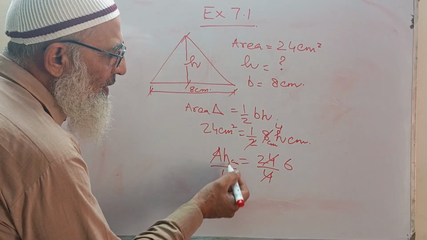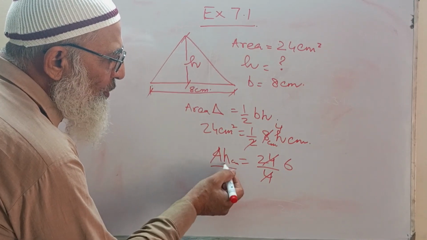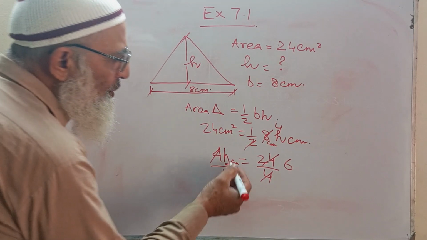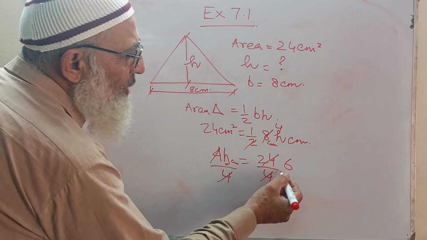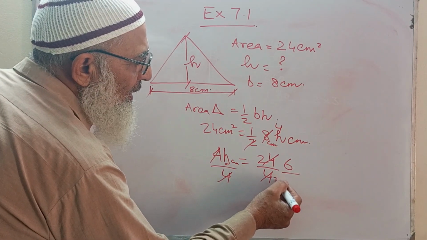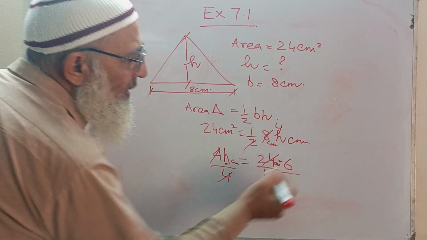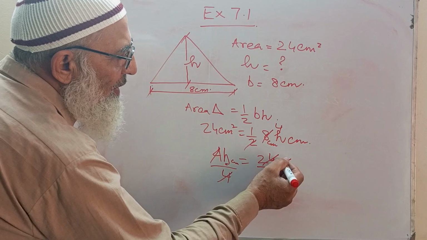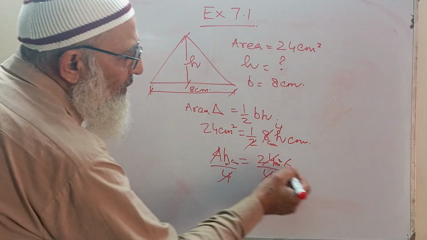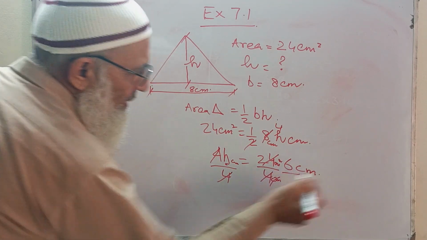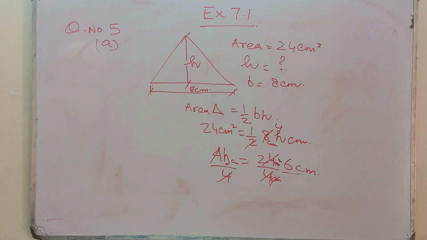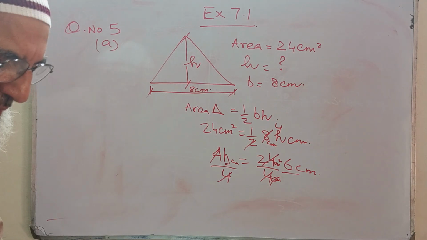This is 4 centimeter, and we only have to find h. So this 4 centimeter goes along with this. Here it was 4 centimeter square, so this centimeter will cut the square and it will remain 6 centimeter. Now h is 6 centimeter.